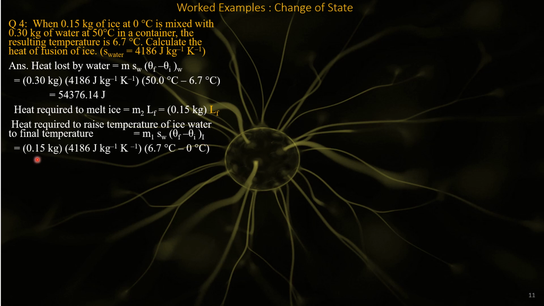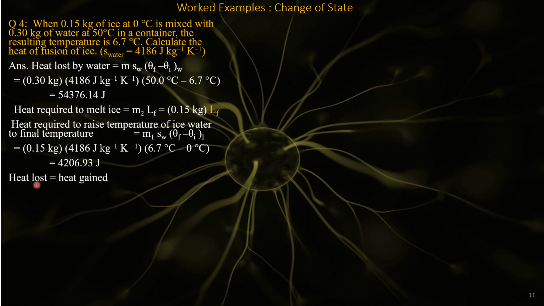Therefore, it is M1, 0.15, into 4186 joules per kg per Kelvin into 6.7 minus 0 degrees Celsius. Multiplying and simplifying, we get the value as 4206.93 joules.